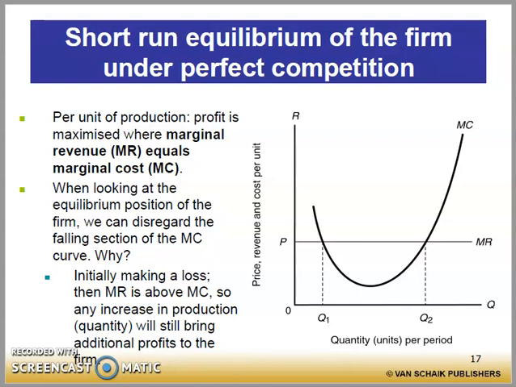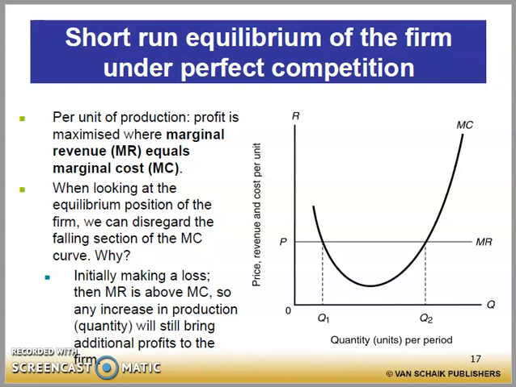We've also shown that the marginal revenue is equal to the market price, which therefore means that the profit maximizing rule in the case of a perfectly competitive firm can be stated as price is equal to marginal cost, because marginal revenue is equal to price, and we know that profit is maximized where marginal revenue is equal to marginal cost. So putting the three factors that we have just stated gives us this curve.